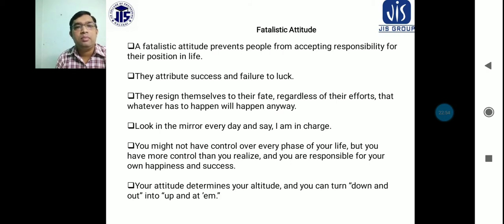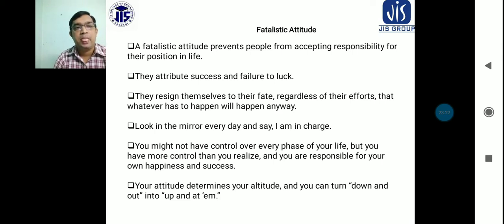Look in the mirror every day and say, I am in charge. You might not have control over every phase of your life, but you have more control than you realize, and you are responsible for your own happiness and success.